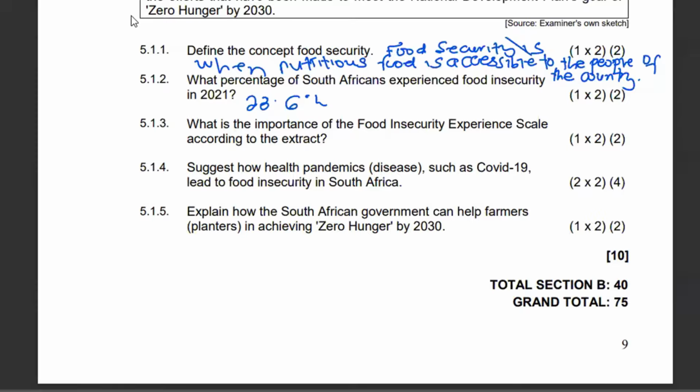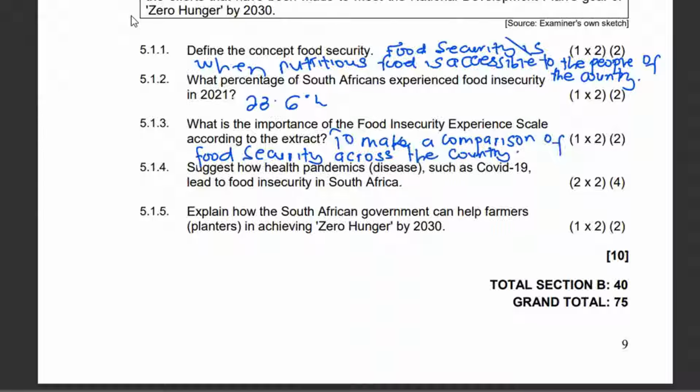The importance is to make a comparison of food security across the country.